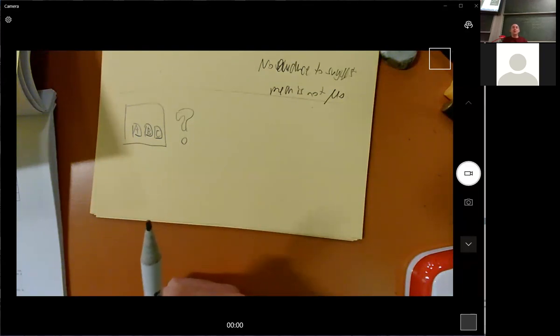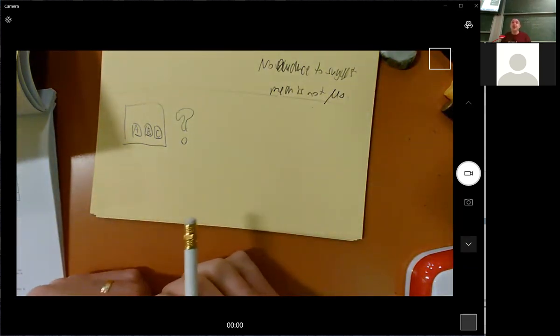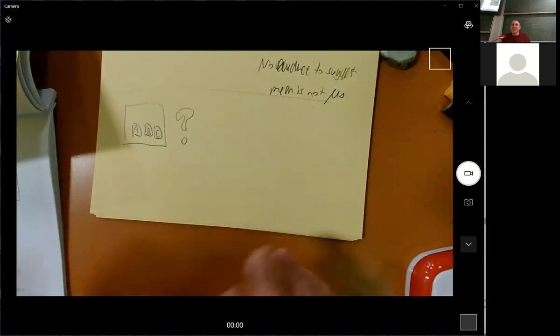But if I know Jono the way I know Jono, he will include all the information you need. I know Chanel the way I know Chanel, he'll include it. He listens to Jono. Okay. All the people who teach stats up in the School of Maths know each other very well and actually talk about their courses with each other. And so it's likely that it'll be okay. If not, I'm very sorry. And you can come and cry to me in the Maths Learning Centre and we'll figure out what to do afterwards, okay? We're open all week.